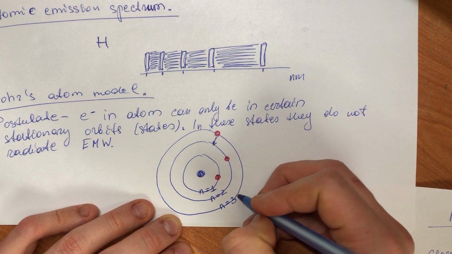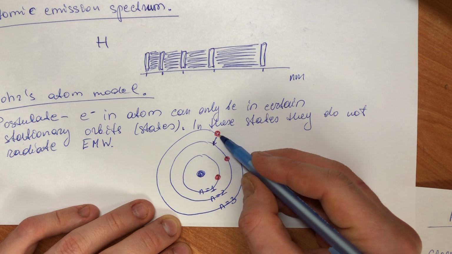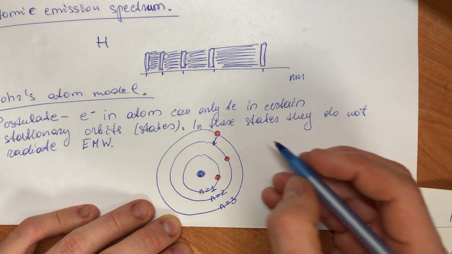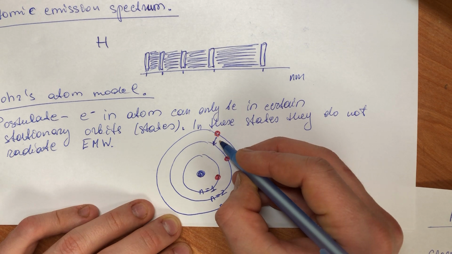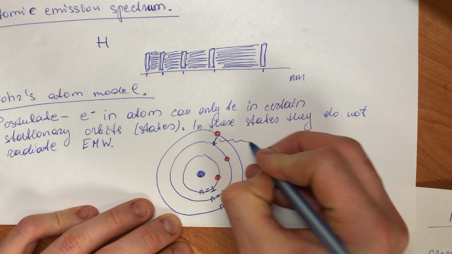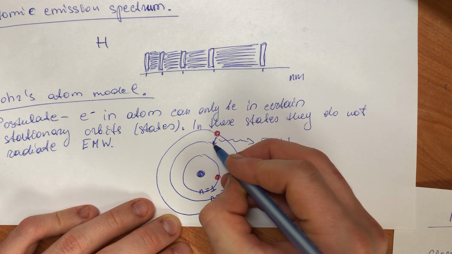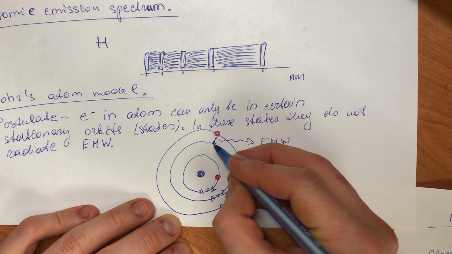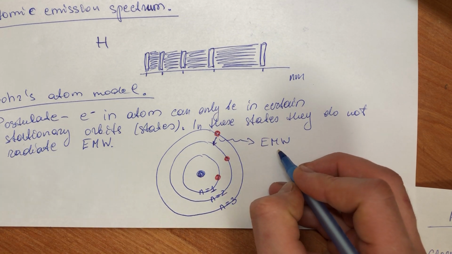So if the electron goes from state 3 to state 2, orbit 3 to orbit 2, then what happens? The electron has to lose some energy, so it emits an electromagnetic wave in order to take this state with less energy.